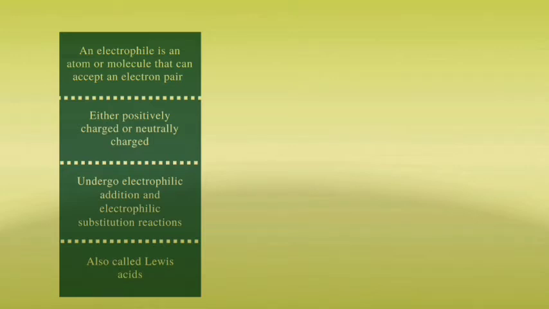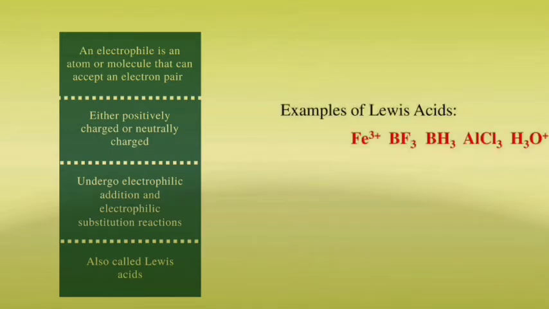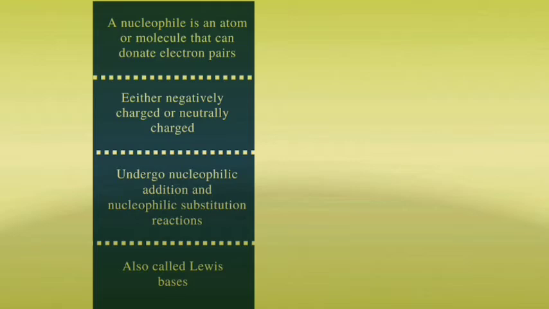During the reaction, they attack the substrate at the points having higher electron density. Since they are electron acceptors, they are also considered as Lewis acids. For example, AlCl3, FeCl3, carbocation, BF3 are considered as electrophiles.